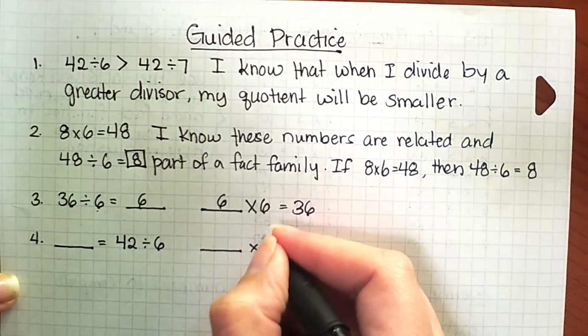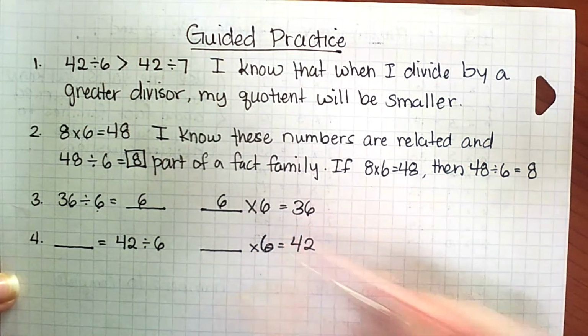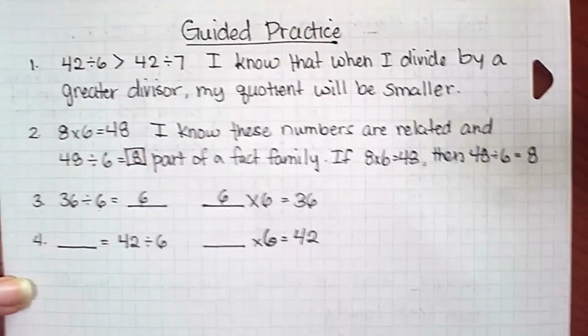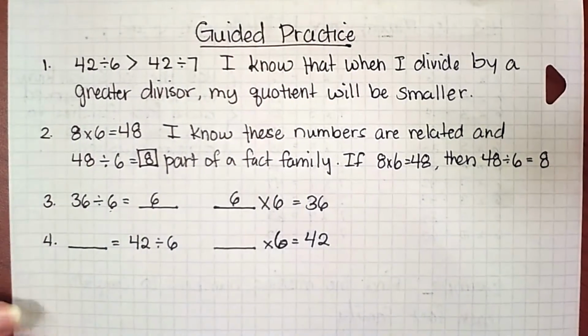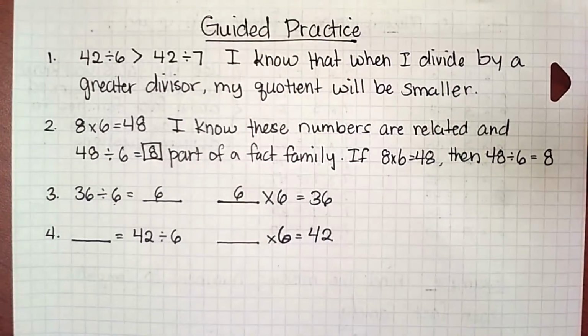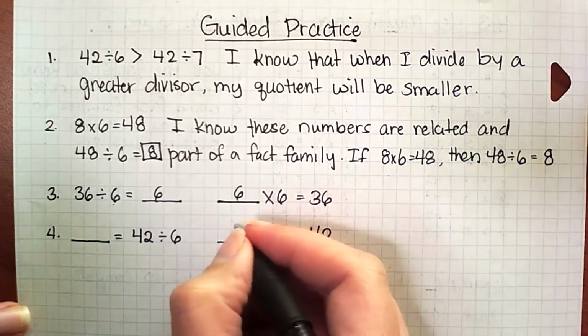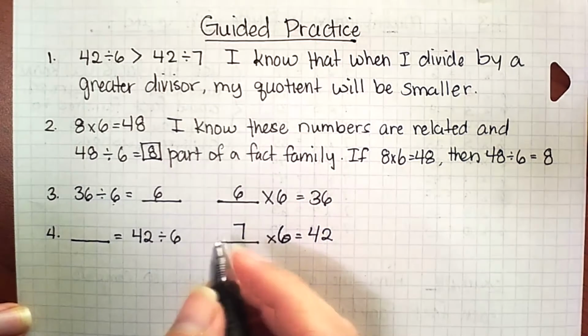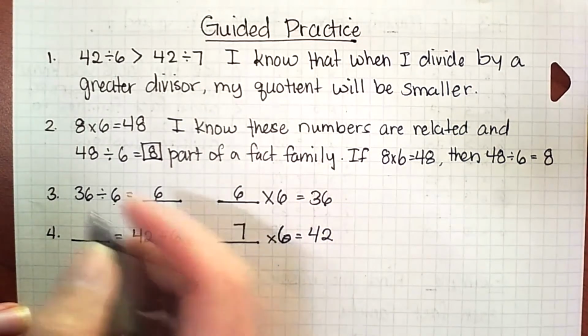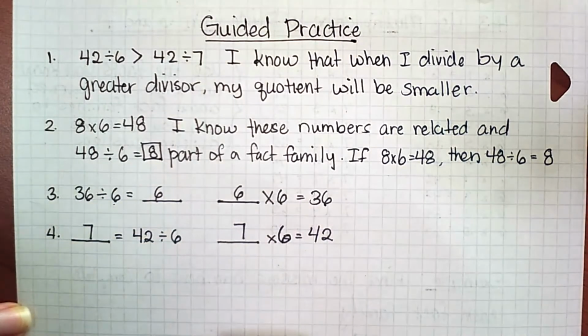Oops, I forgot to write in my 6. A number times 6 is equal to 42. Again, you can go back to your facts, but if you know 6 times 6 is 36, plus another group of 6 is going to get you to 42. So 6 times 7 is 42. So if 6 times 7 is 42, that means 42 divided by 6 is going to be equal to 7.